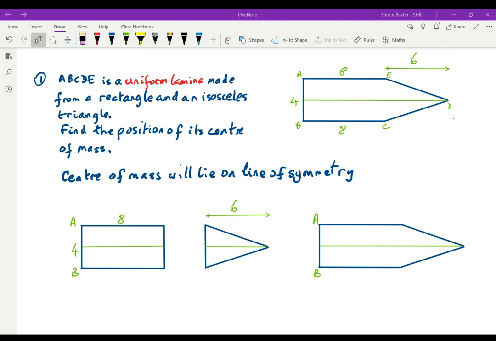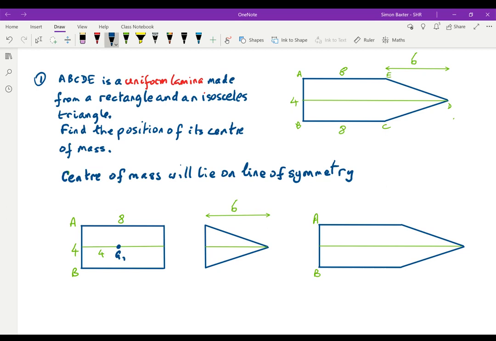So if we look at the center of mass here, let's call it G1, that will be a distance of 4 from the line AB, half of 8. So we can think of the rectangle as all concentrated at the point G1, so all the mass is just there.